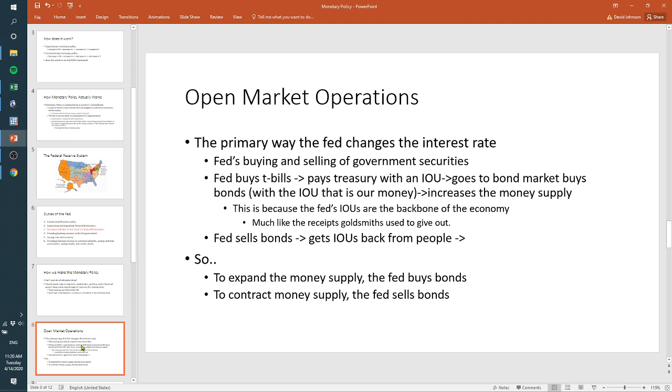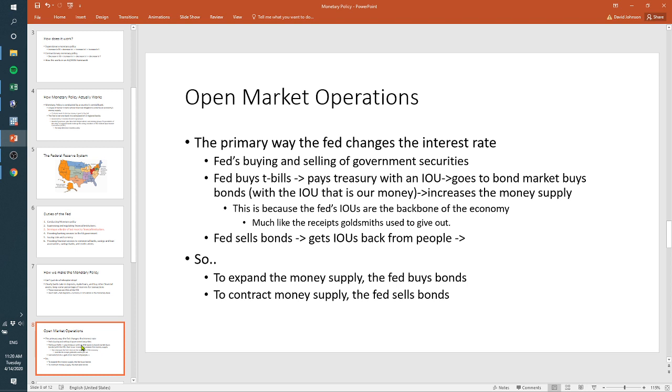Alternatively, the Fed can sell bonds. If the Fed sells bonds, those bonds are going out into the system, and cash is taken out. That has the opposite effect.